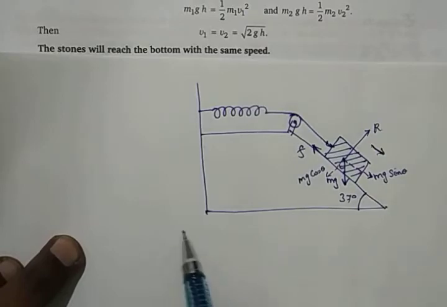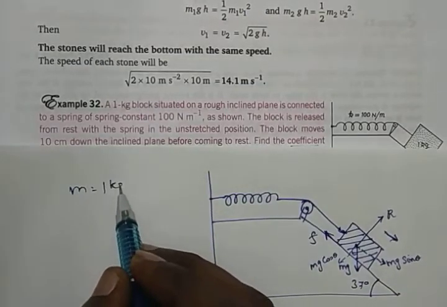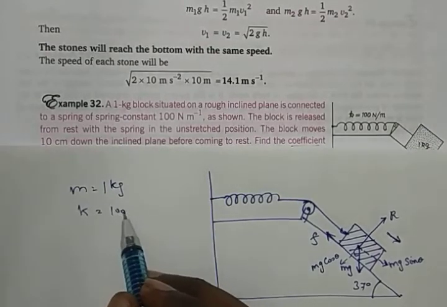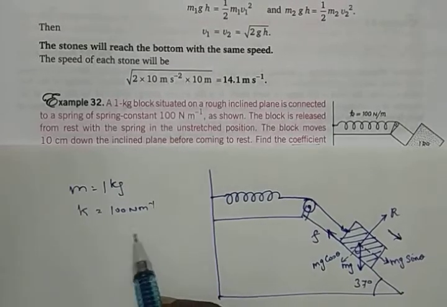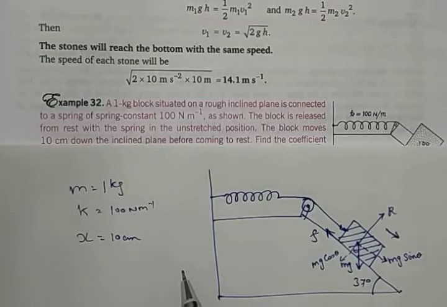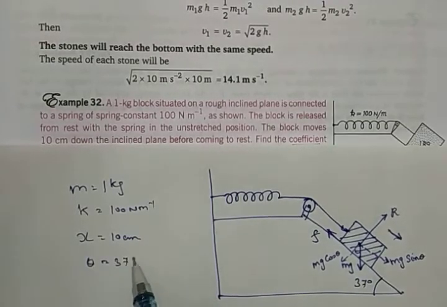The parameters given here: mass of the block is 1 kg and spring constant K is equal to 100 Newton per meter. What else is given here? The distance moved is 10 centimeters. These are the basic parameters given here. Theta is equal to 37 degrees.